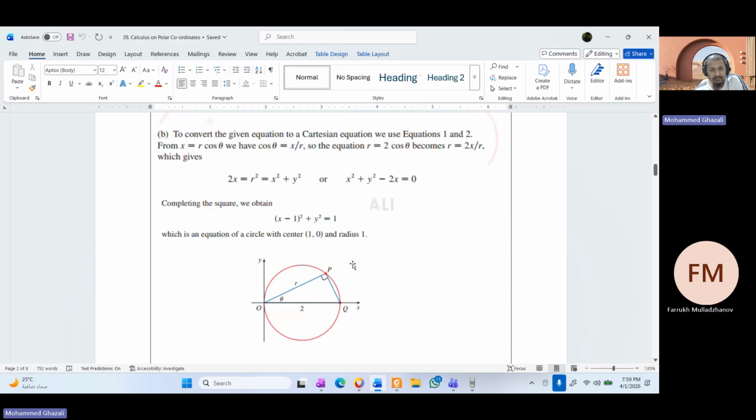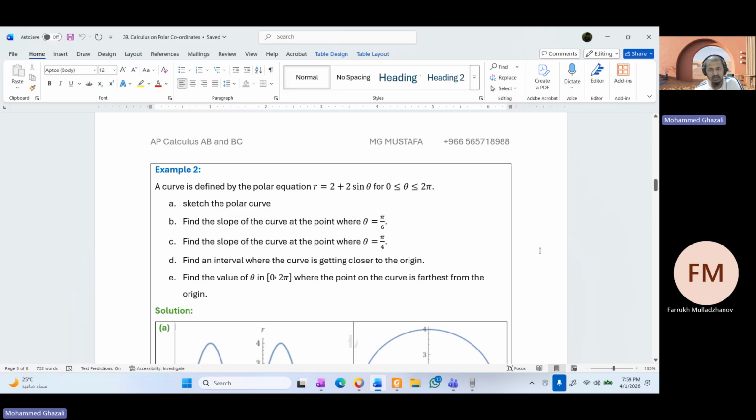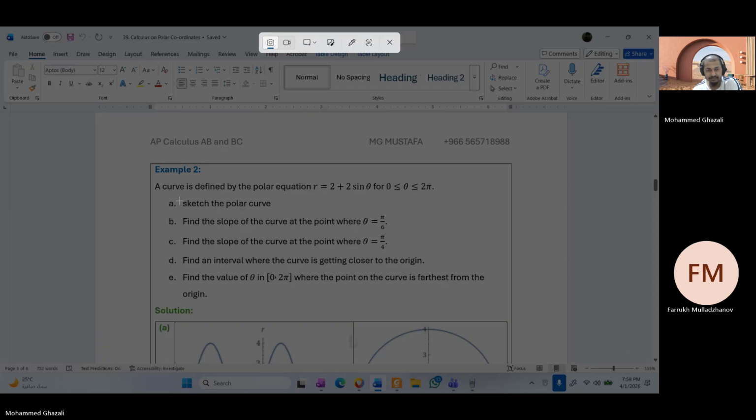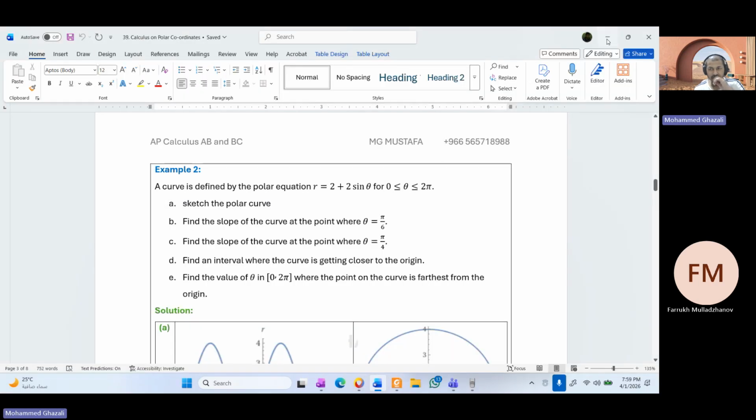Next part. Let's look at some calculus on polar curves. Example 2.